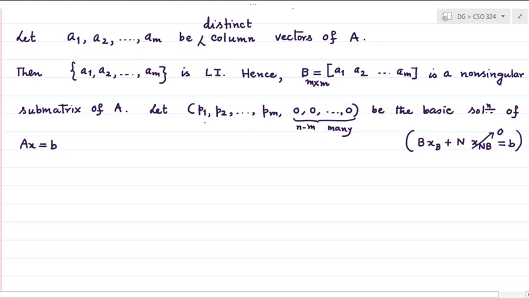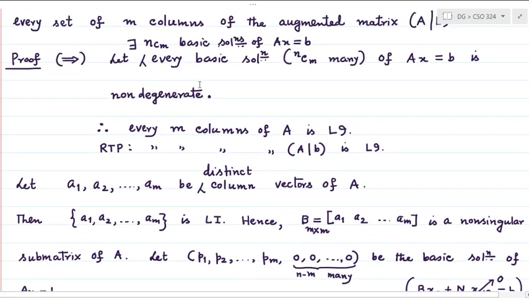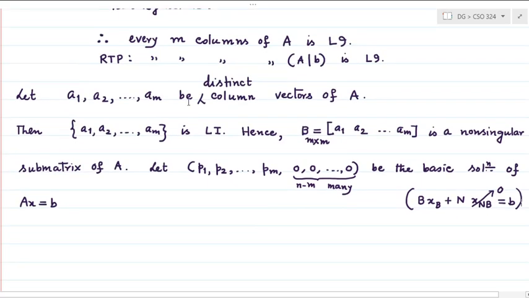Under your assumption that every basic solution exists and is non-degenerate, none of these p1, p2, ..., pm is 0. P2 is non-zero, pm is also non-zero, because of your assumption that any basic solution is non-degenerate.